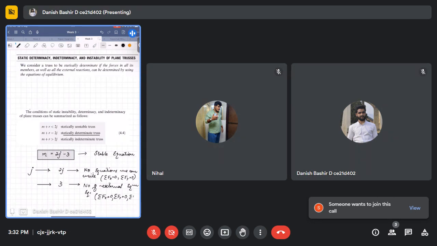Now you should ask me, you said there is no moment, so how are you writing summation Mz equals 0? Please note that I'm writing it as the number of external equations, not internal. Internally, I wrote only Fx equals 0 and Fy equals 0, because there are only axial forces and no bending moment.